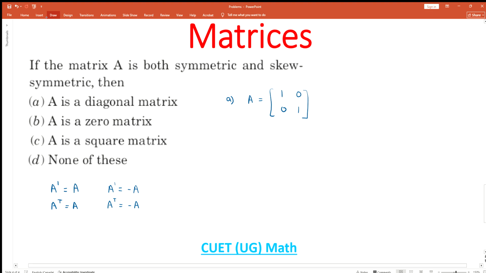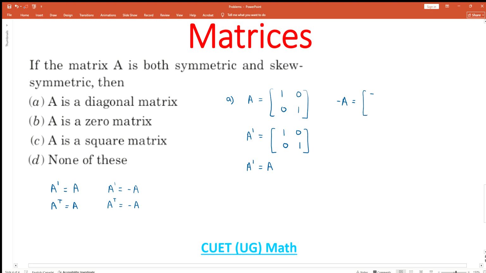I can write the transpose of this matrix by switching the rows and the columns. So the transpose will be 1 0 and 0 1. As we can see, the transpose of matrix A is equal to matrix A. That means matrix A is symmetric. Now we can check whether this matrix A is skew symmetric. For that we have to find matrix negative A. We should multiply all elements in matrix A by negative 1.